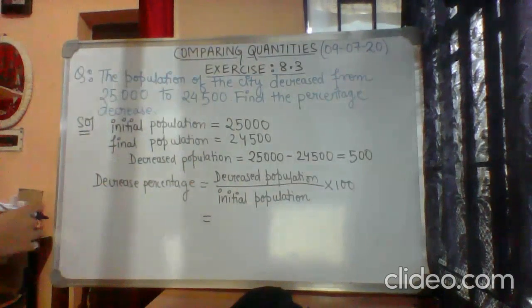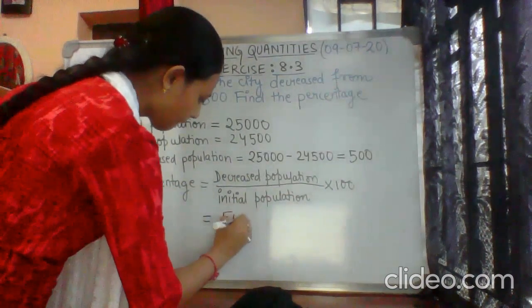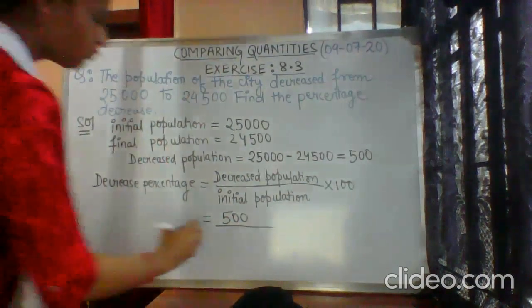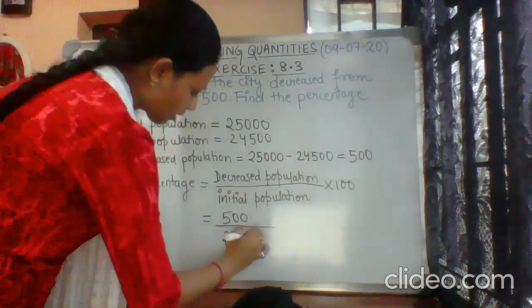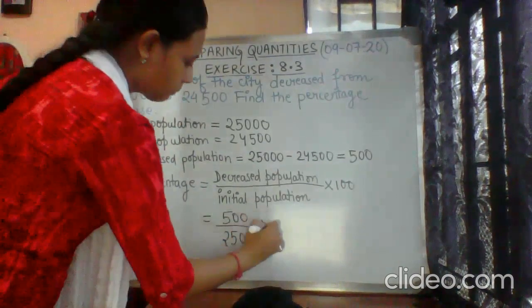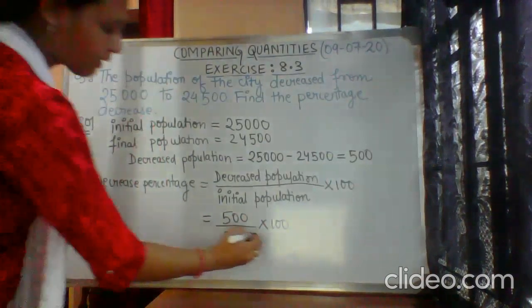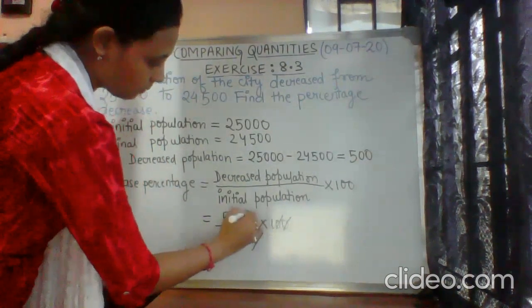Decreased population: how much population is decreasing? 500. Initially the population, how much? 25,000. And multiplied by 100, so as to get the percentage. So we can cancel zeros here. 3 zeros we can cancel.